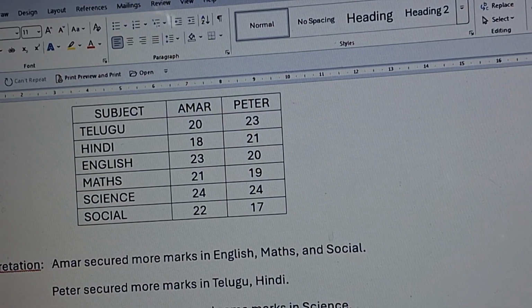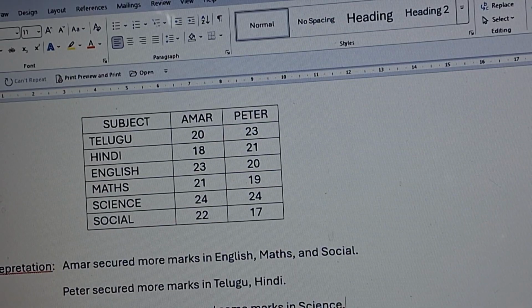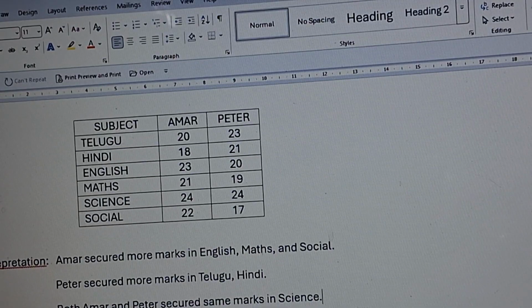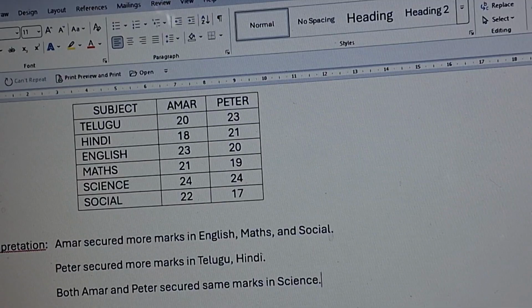So please copy this table as well as the interpretations, children. Go through this. Copy it, children. This is the interpretation and solution.